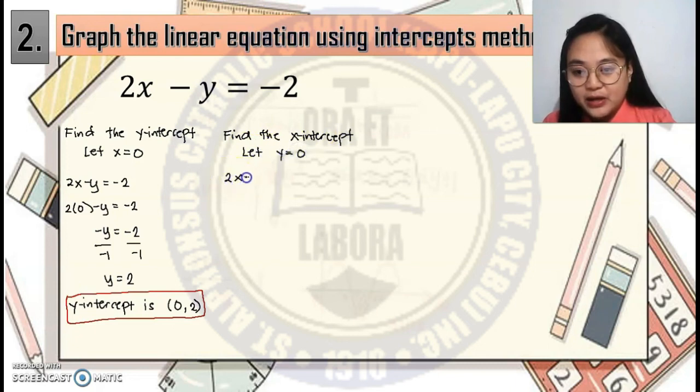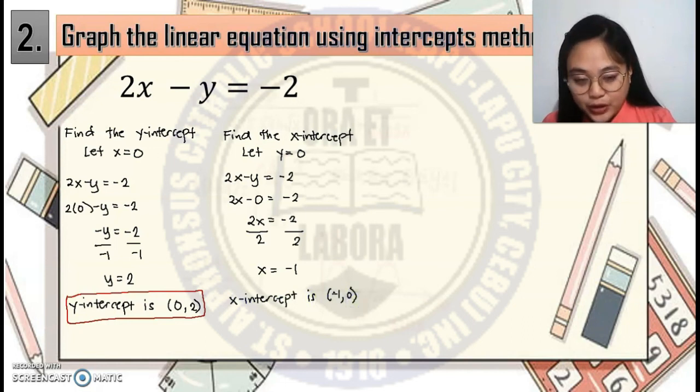Copy the original given, substitute 0 to y this time, and it will become 2x equals negative 2, divided by 2, divided by 2 to get the value of x. And our x here is negative 1. Therefore, our x-intercept is (negative 1, 0). Then I want you to highlight this answer.